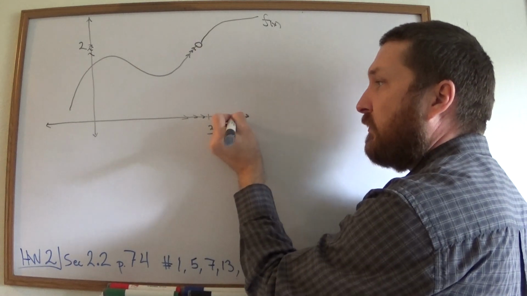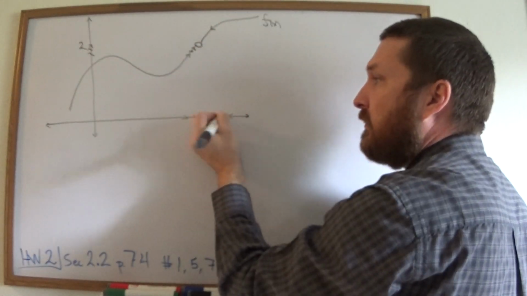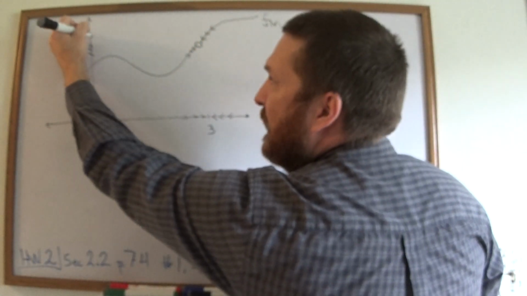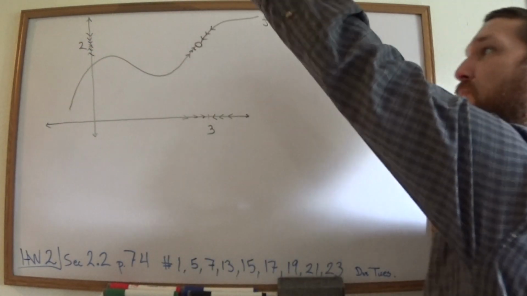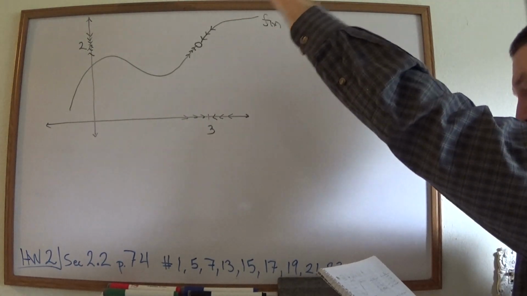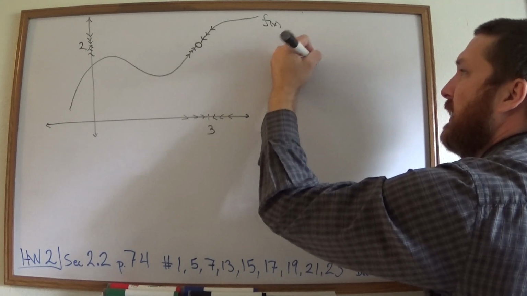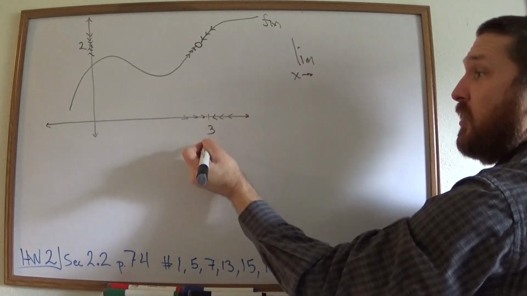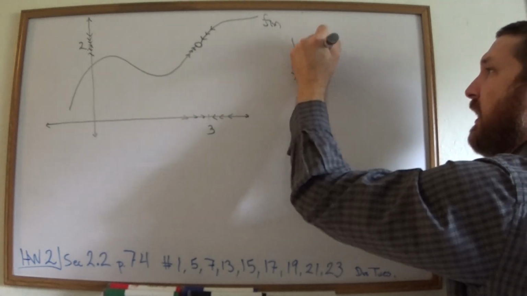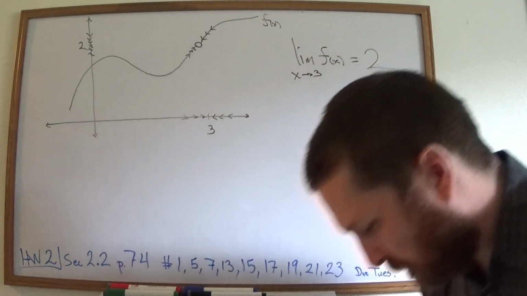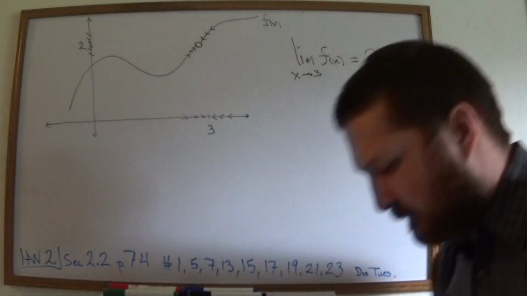Going from this side, it's getting closer and closer this way, which means that in both cases they're moving closer and closer to the value 2. So that is what it means to have the limit as x goes to 3 of f of x equal 2.